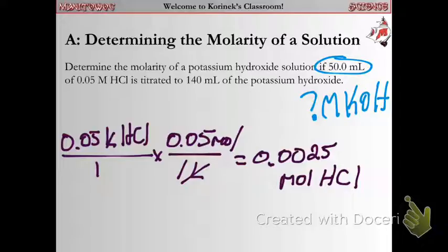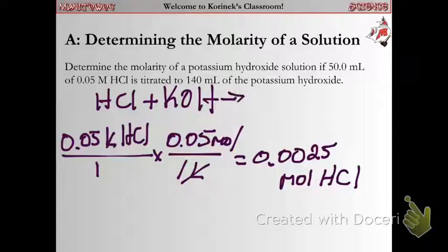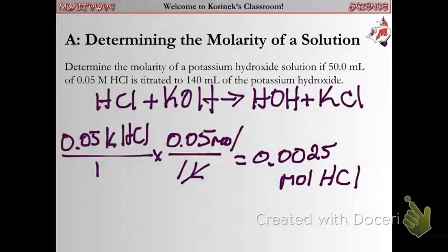Okay, moles of HCl. Now, if you were to look at the equation for this particular process, you've got hydrochloric acid plus potassium hydroxide. This is a neutralization reaction, so you know one of the products is water, the other is a salt. And there are 1s for the coefficients all the way throughout this reaction.